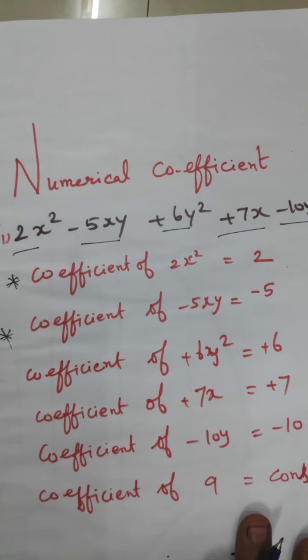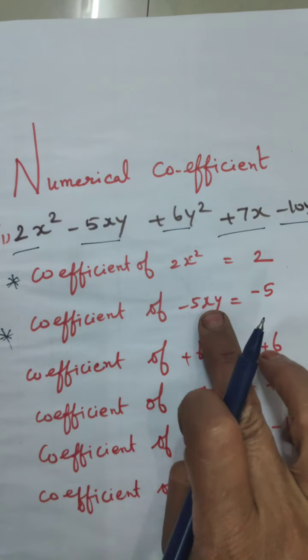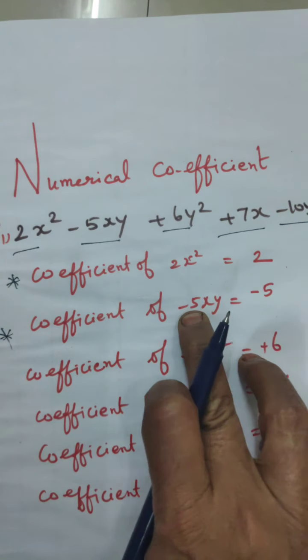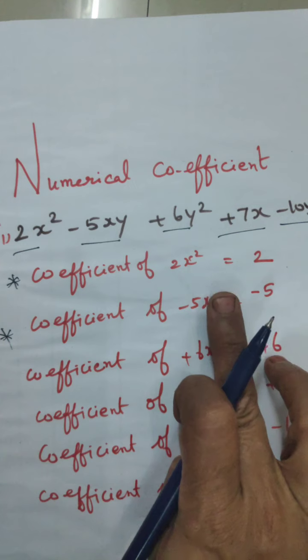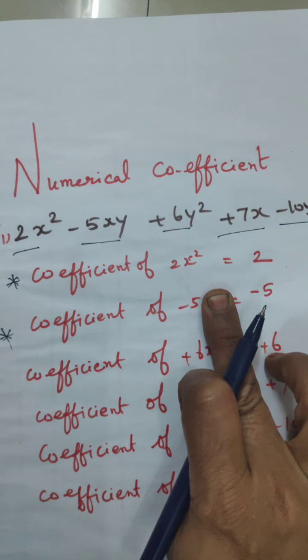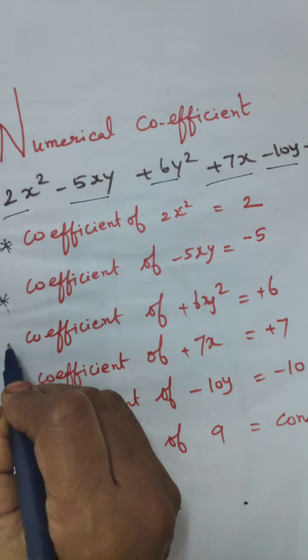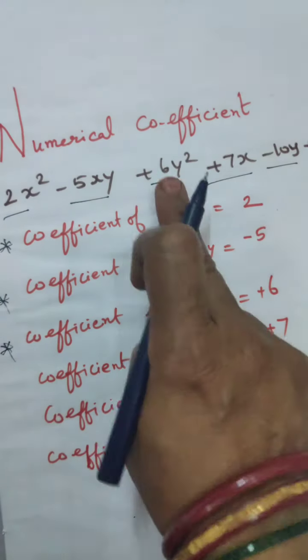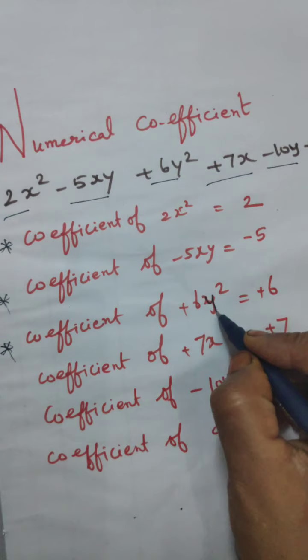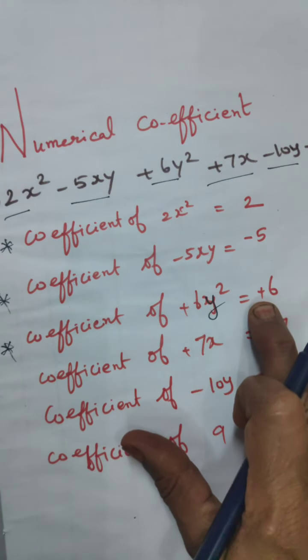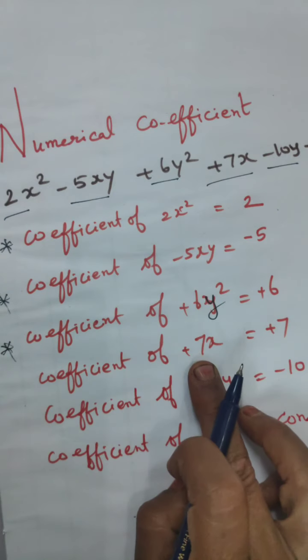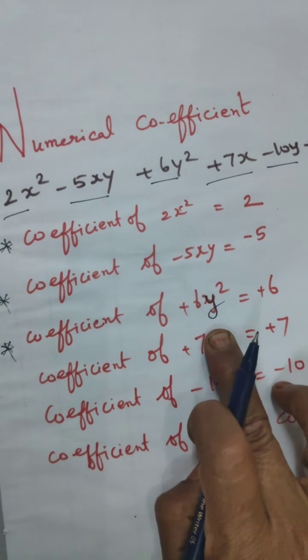Next, second term, coefficient of −5xy is equal to? x and y are the variables. For −5, that is the number. So for the numerical coefficient, cover the variables. What is the number there? −5. Next term, coefficient of +6y². Cover the y². What is the number there? +6. Coefficient of +7x is equal to +7.